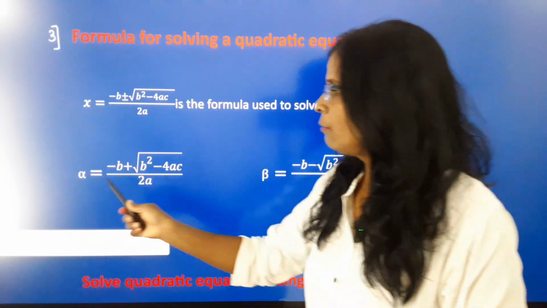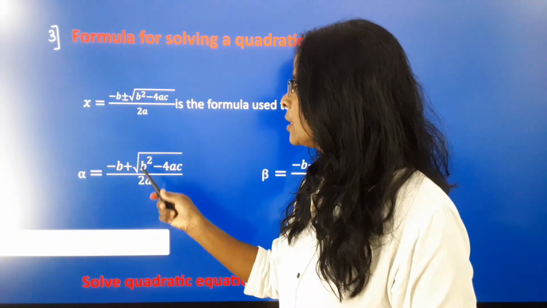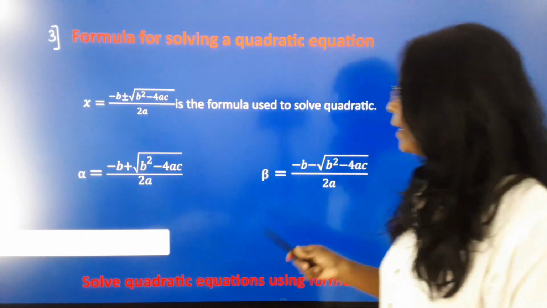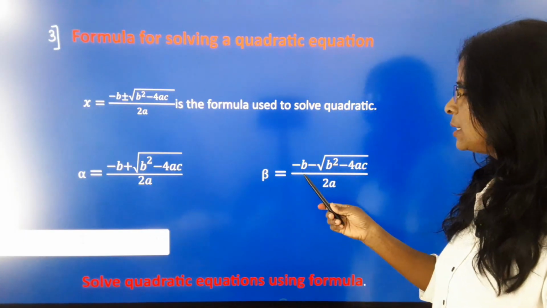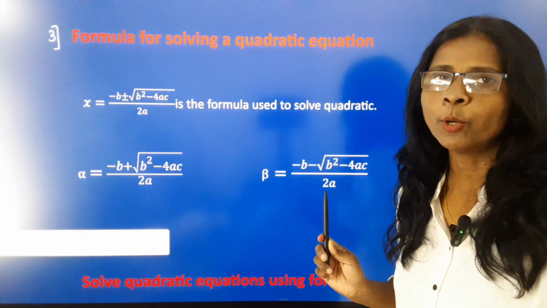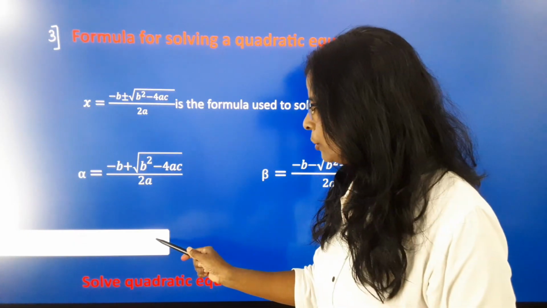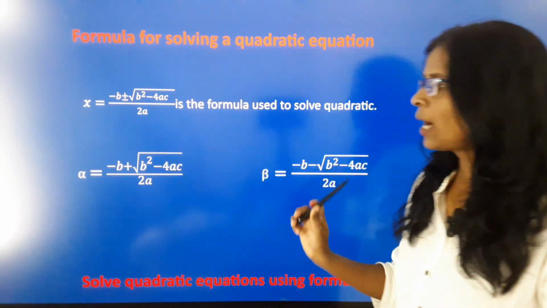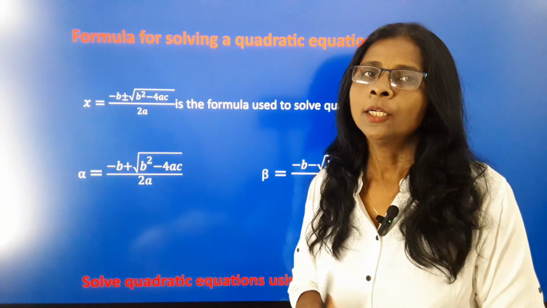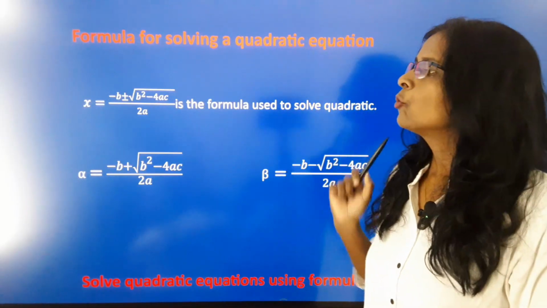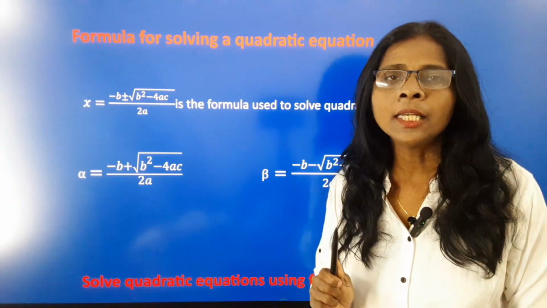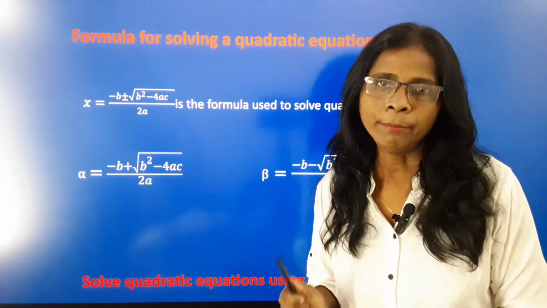So alpha is equal to minus b plus square root of b square minus 4ac upon 2a, and beta is equal to minus b minus square root of b square minus 4ac upon 2a, students. These two are the formulas, and with the help of these formulas we solve the quadratic equation. That's why this method is called the formula method.